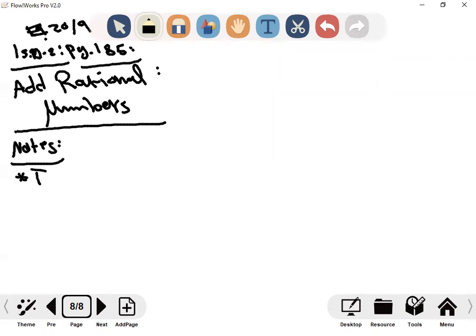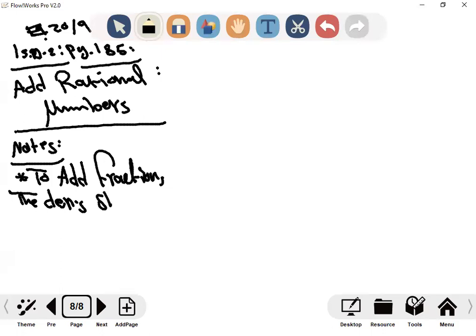To add fractions, the denominators should be like. We call them like denominators. We cannot add if we have different denominators.